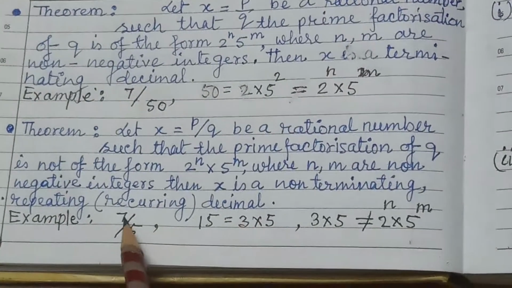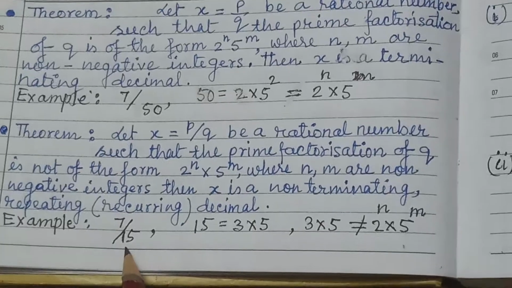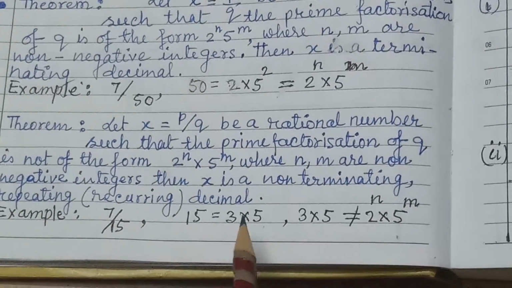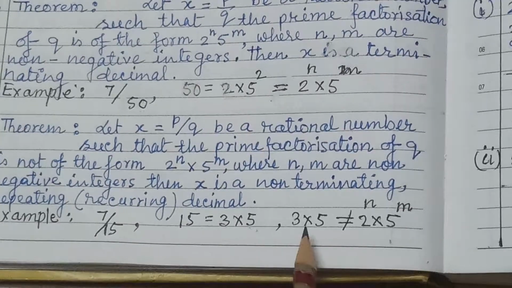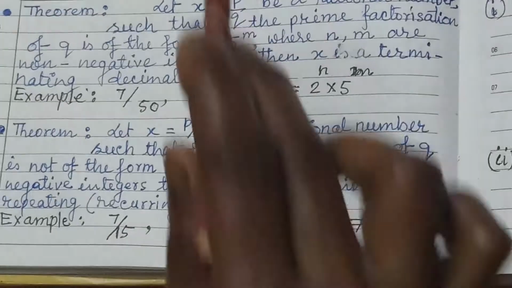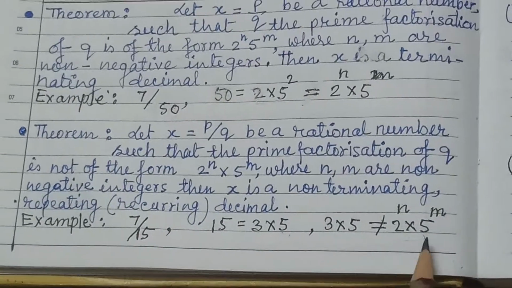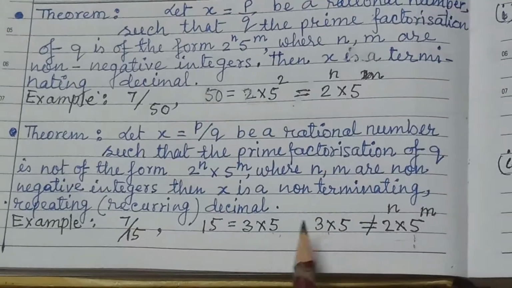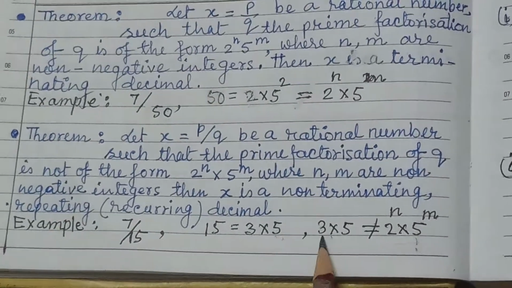The example is 7 upon 15 that I have taken. 15 when factorized is 3 into 5. So 3 and 5, it is not of the form 2 and 5. So according to the fundamental theorem, it is different. So it is not terminating, it is a recurring decimal.